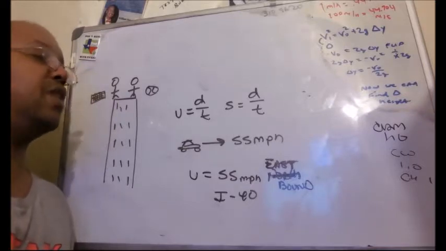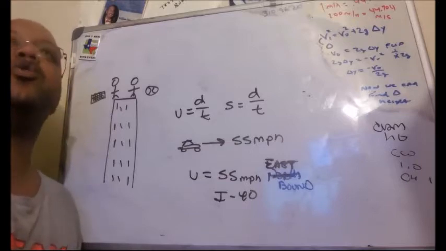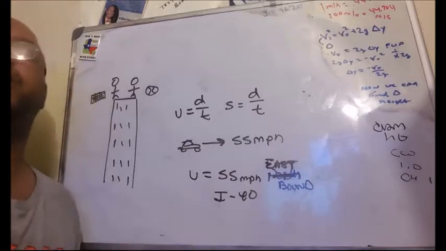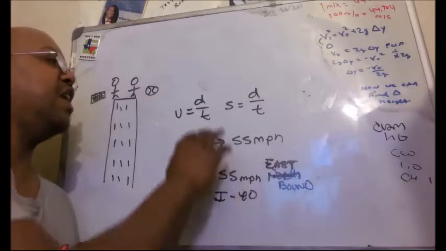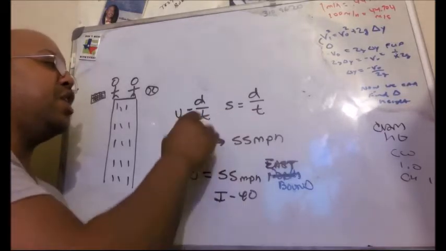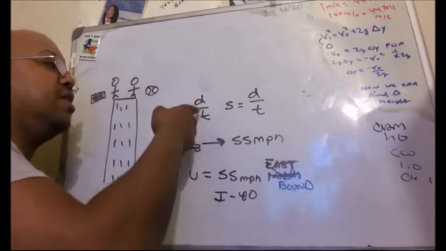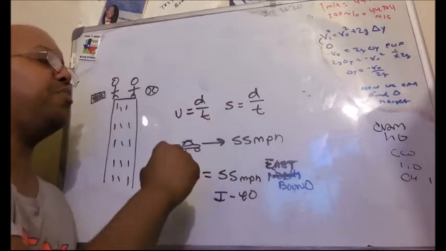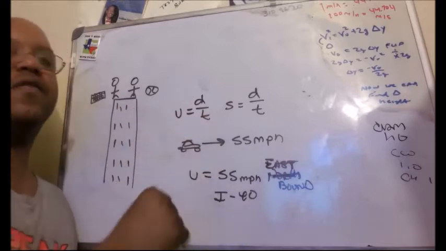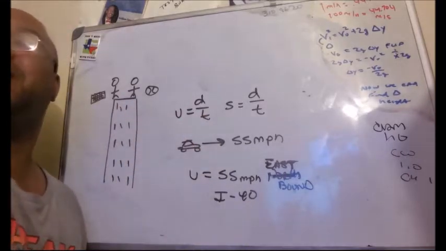What's the difference between speed and velocity? Velocity includes or indicates a direction. In formula, you would use distance divided by time in both cases, whether you were computing velocity or speed, but the difference is direction.